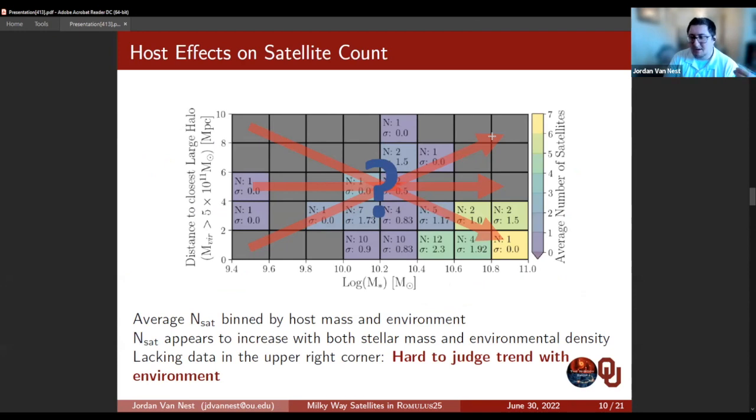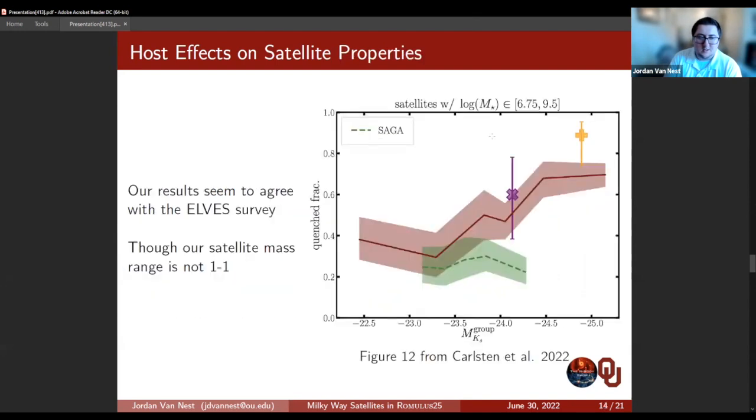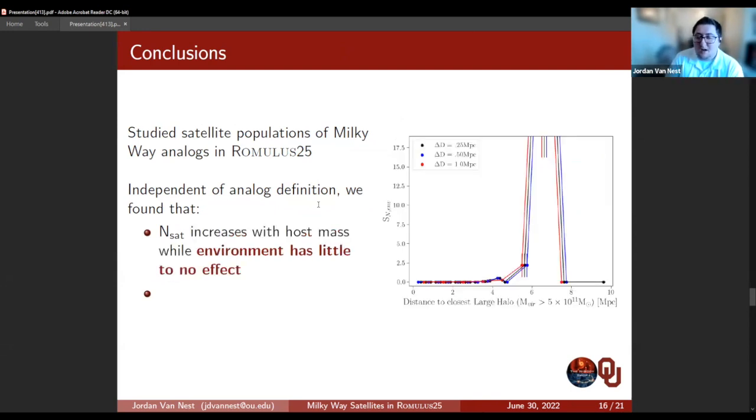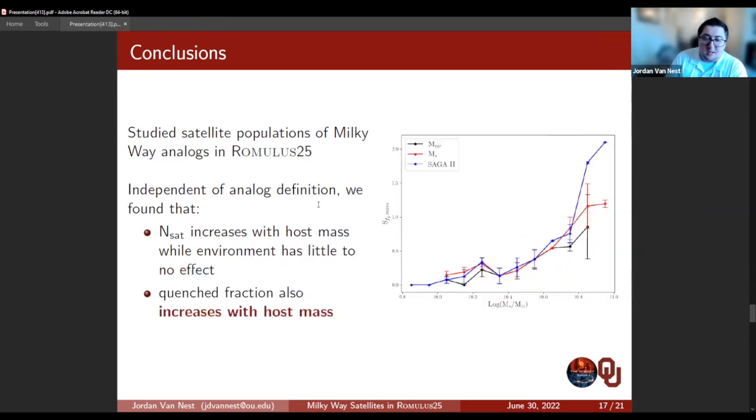So these macroscopic trends that we're finding are independent of definition. Independent of definition, we found that the number of satellites hosted by a Milky Way analog generally increases with host mass, but environment seems to have no effect on that number. In addition, the quenched fraction also seems to increase with host mass.